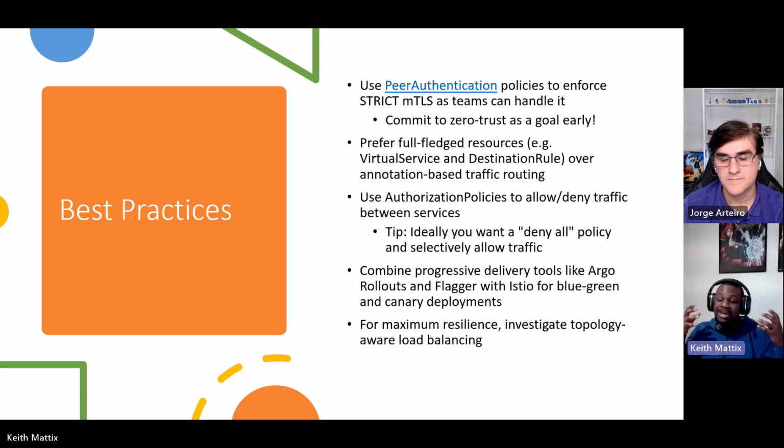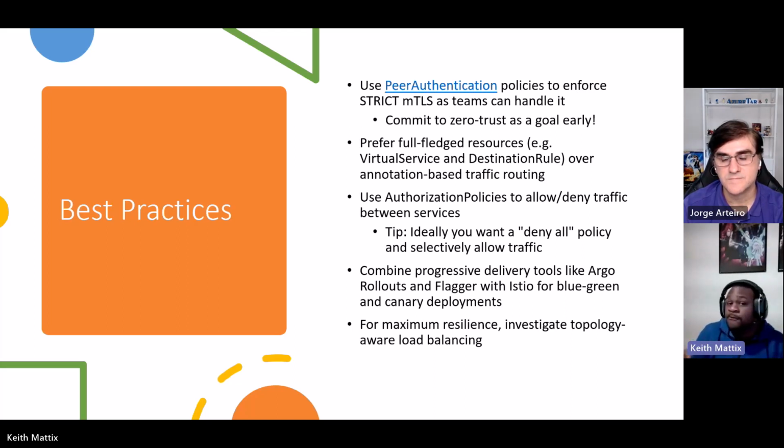And if you can commit to zero trust or defense in depth early as an organization, Istio's got the tools to help you do the gradual adoption as your teams are ready for it. But that commitment early on is going to be very important and very useful in getting consensus and continuing momentum of getting to that zero trust defense in depth goal that so many organizations have today.